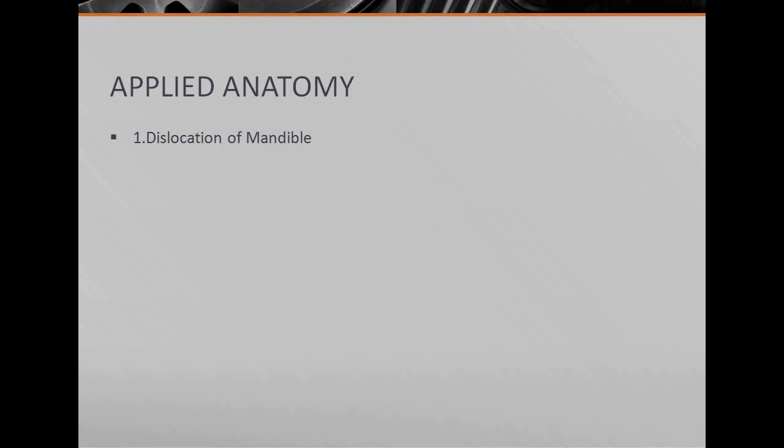So this is dislocation of the mandible. Now how will you reduce this? It is reduced by depressing the jaw with the thumb placed on the last molar teeth and at the same time elevating the chin. This is how we can reduce the dislocated mandible.